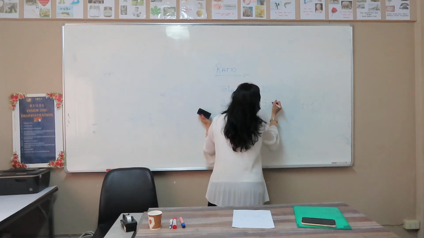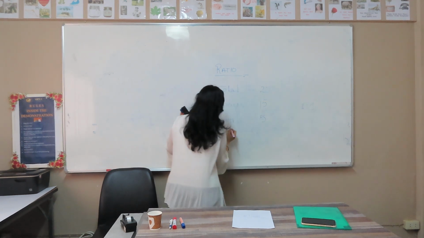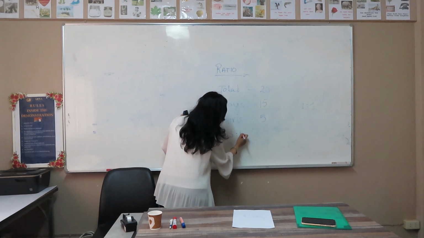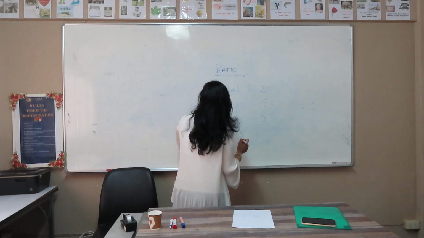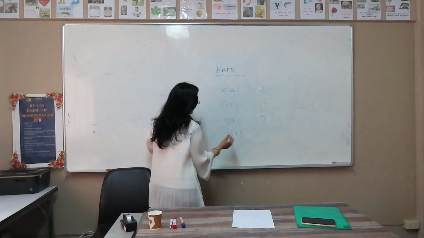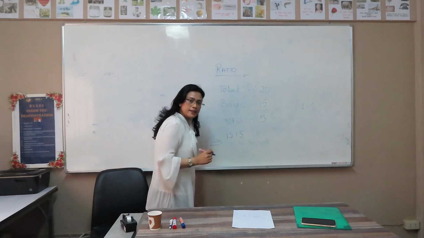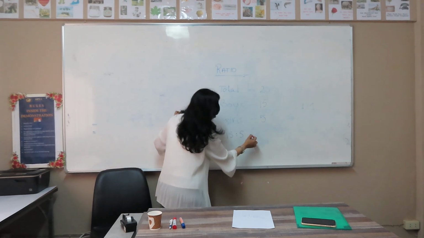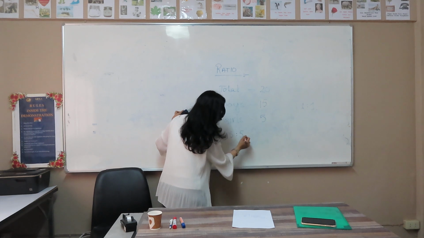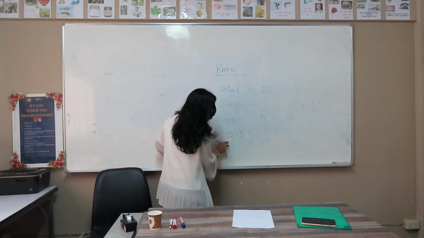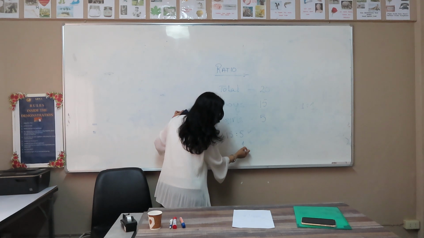The ratio is 15:5. We can simplify this, right? There is 5 coming in this number too, so it's 1 and 3.